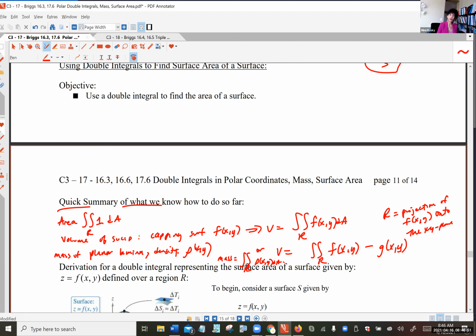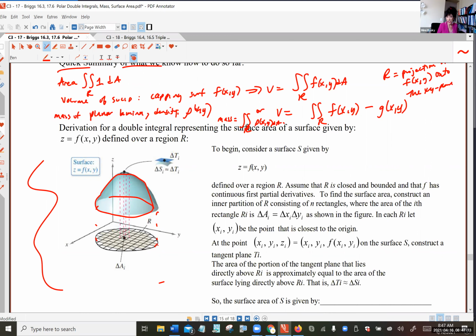Congratulations. Let's give you a 4th thing that a double integral can be used for, and it's going to be surface area. So let's look at the diagram right here. You've got a capping surface that's hovering above the xy plane, and the region R is the projection, or the shadow, of the solid onto the xy plane.